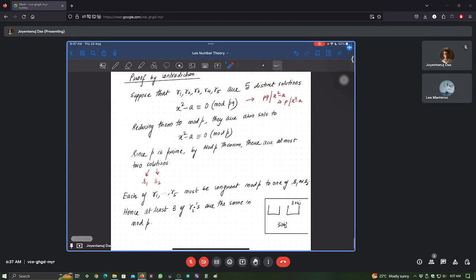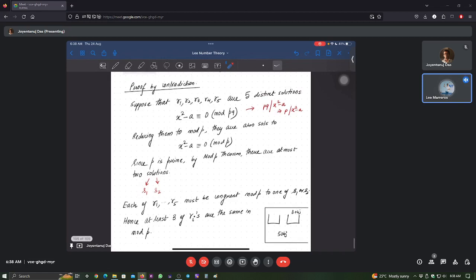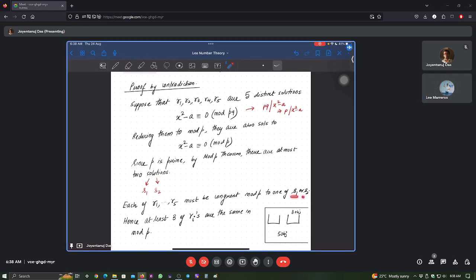So when I reduce this to modulo P, it will be either S1 or S2. And the relation between S and R is that each R must be congruent modulo P either to S1 or S2.